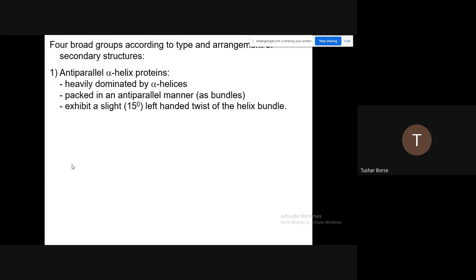This is just with respect to the change in direction. Otherwise, a helix structure is not parallel or anti-parallel like the beta sheets; it is just an arrangement, where they are arranged either in a parallel or an anti-parallel fashion. Here we are talking about the anti-parallel fashion.